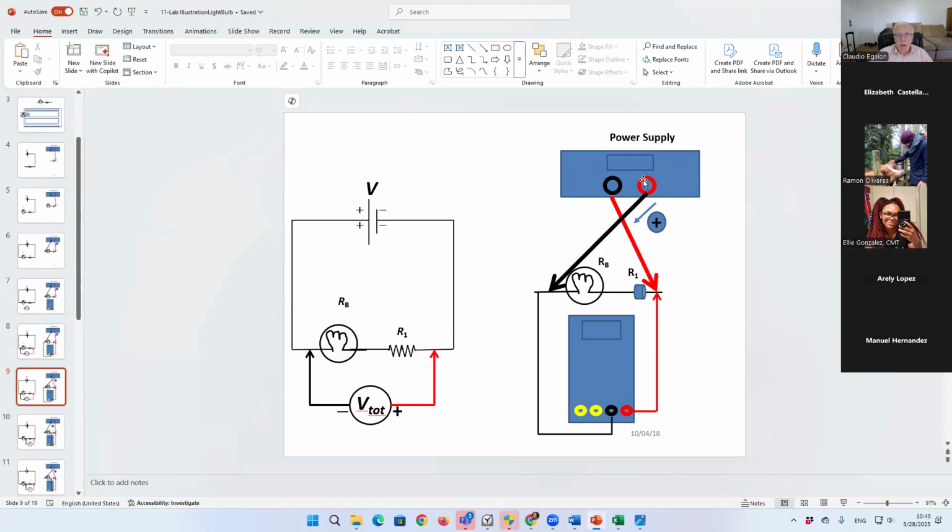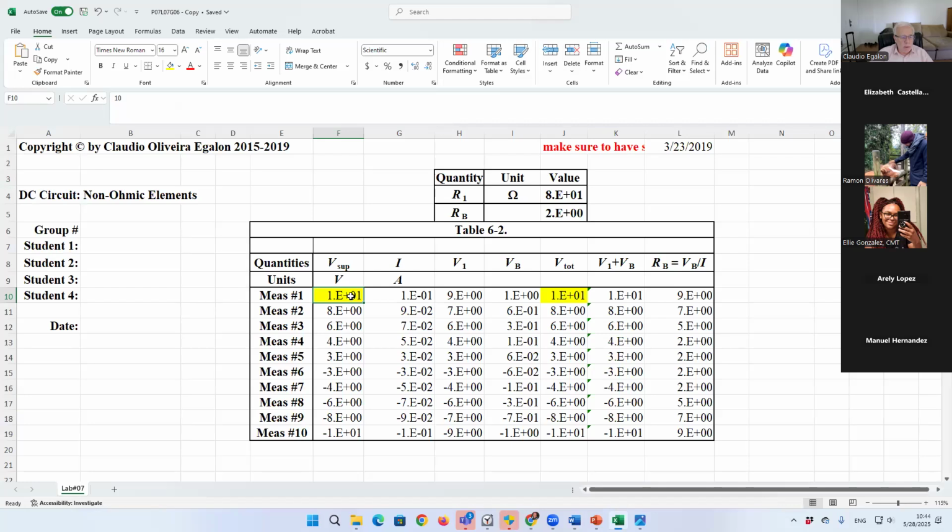I'm switching the polarity, right? Here's the data for positive volts, and the reading in the multimeter for positive volts. Switch the polarity, you're going to get readings that are the negative of the voltage displayed by the power supply, and your multimeter is going to display an actual negative number.